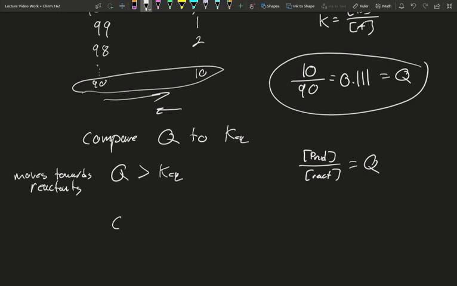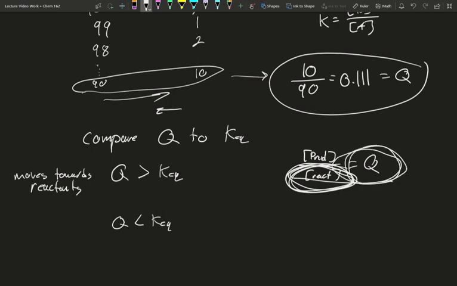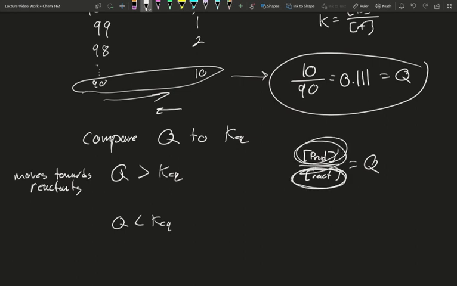On the other hand, if your Q is less than KEQ, as we saw in our example here, well, the way for that to happen is the value on bottom must be too large. It's making my division come out much too small. So I need less on bottom. If you put a larger number on top, that will also increase the value you get. So if our Q is presently smaller than the equilibrium constant, I must need to put more on top of our division, less on the bottom.